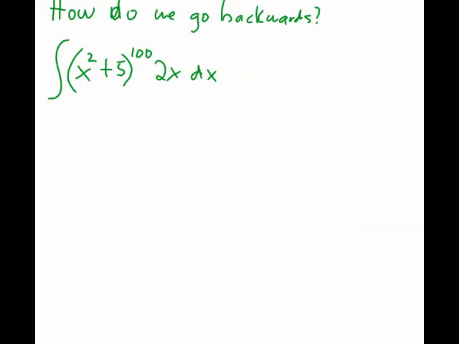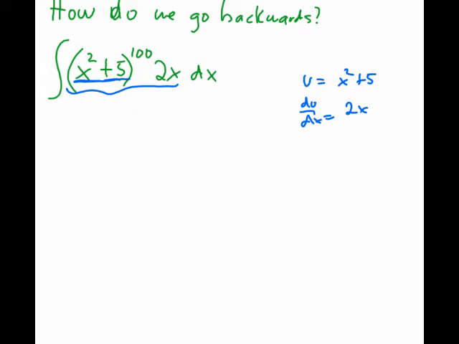Alright, so what you need to do is think about what the inside function is, and we're going to call that u. And u is generally a part of the integrand whose derivative is another part of the integrand. So if I make u this, I know that the derivative of that is 2x.